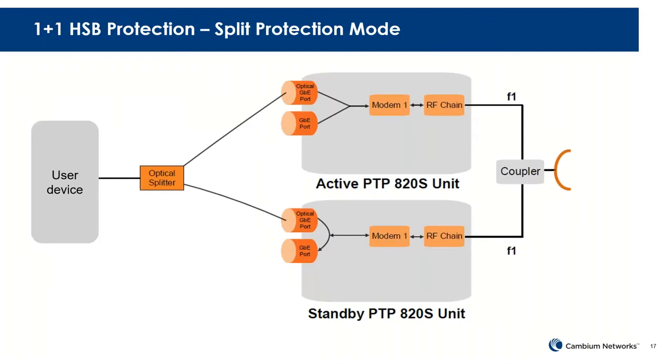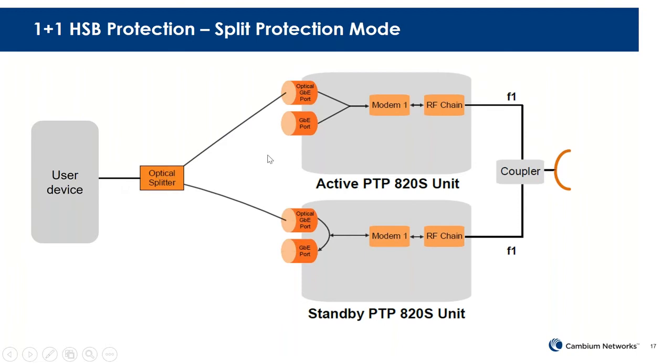Okay. So with the 1+1 hot standby split protection mode, you will use an optical splitter. Basically the optical ports of the two units are combined by a y-fiber cable and deliver one single optical cable to the user device.